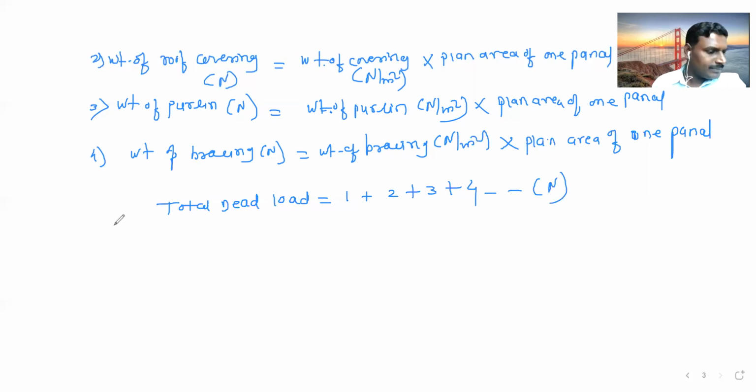Got it? All the loads we have calculated now in Newton, because Newton per meter square area is there, so we have multiplied by panel area. So if we multiply by panel area, this meter square get cancelled, and we will get the load in Newton.